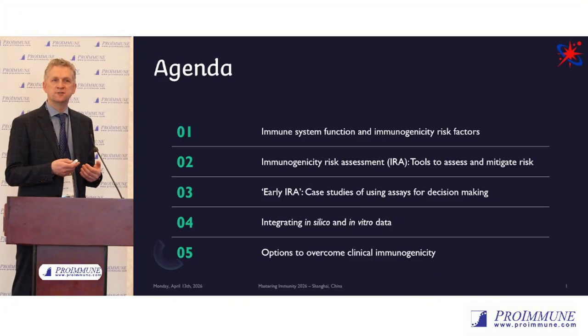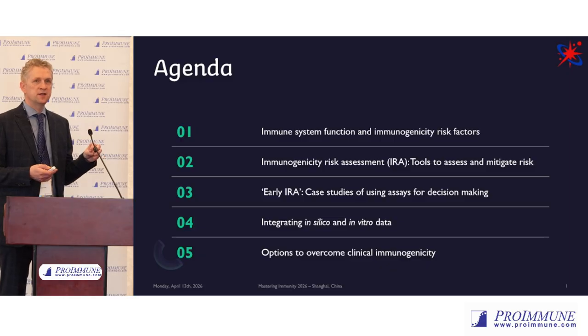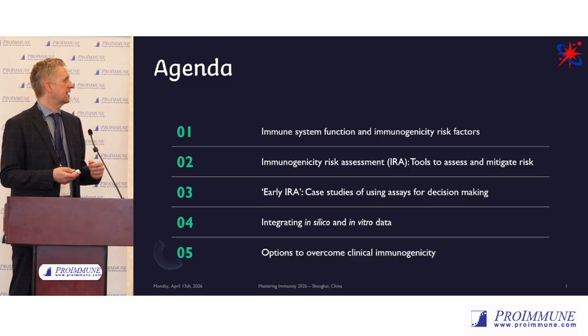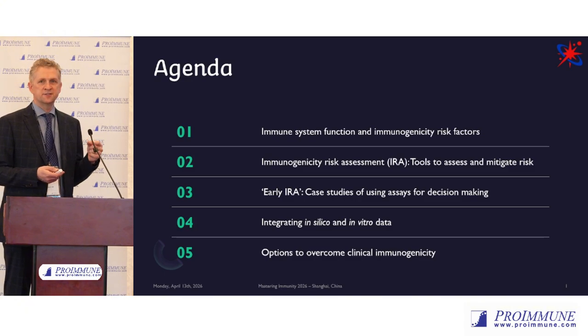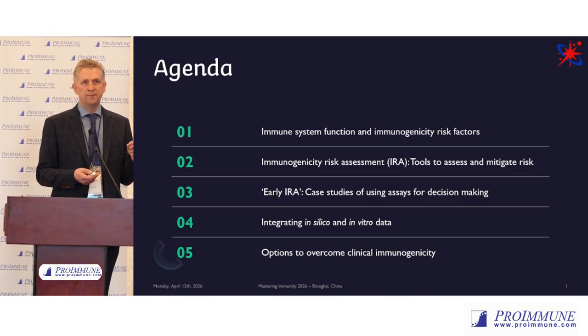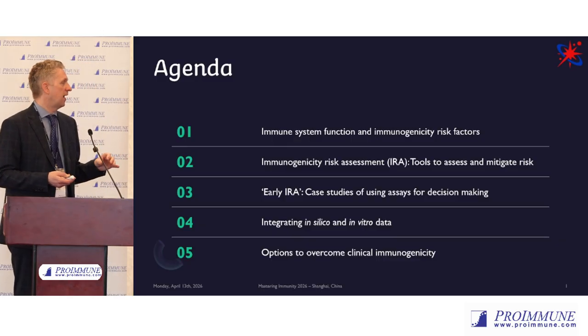I'll briefly touch on these and how we can go about using those, and then go into some of these early IRA, immunogenicity risk assessments, and look at some of the case studies where we can actually use the assays to make some very clear decisions on projects in the early space.